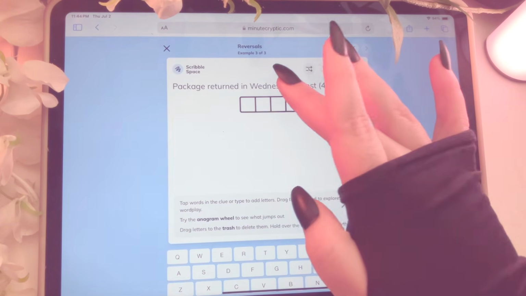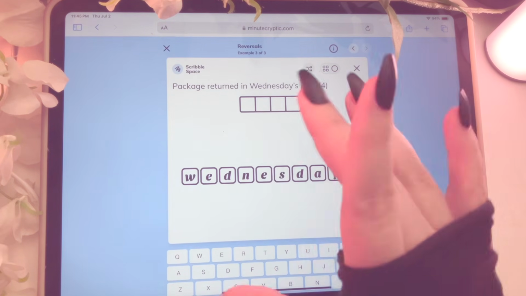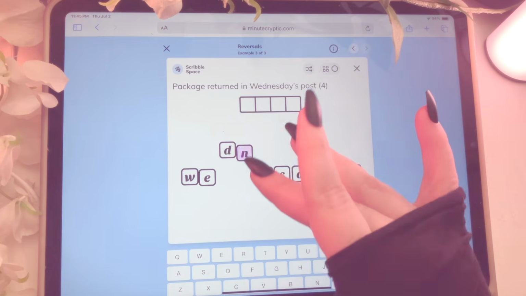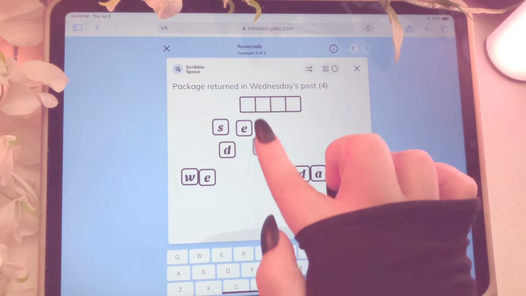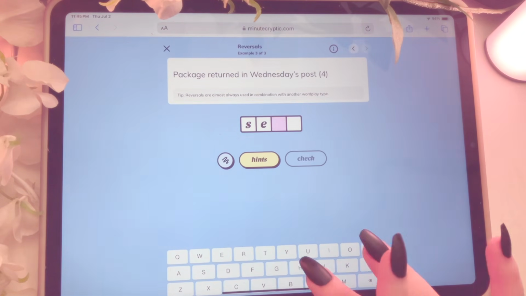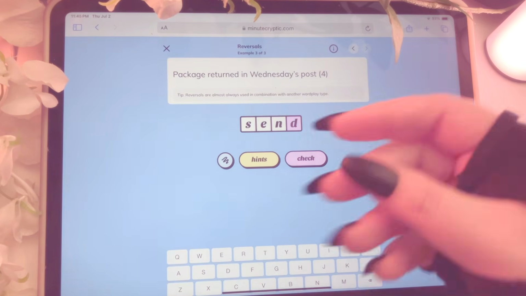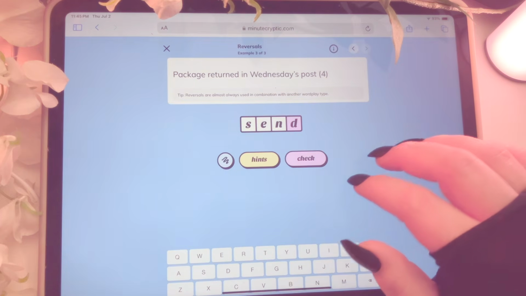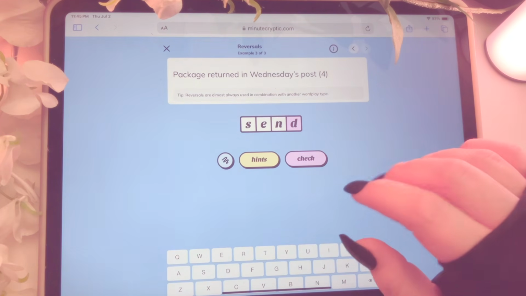Yeah, I will pull this up for you. And I believe what we do here is take DNES and flip it backwards for the word send or to post something. Post as a verb here to clarify.